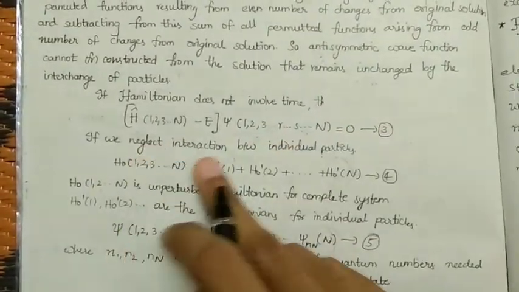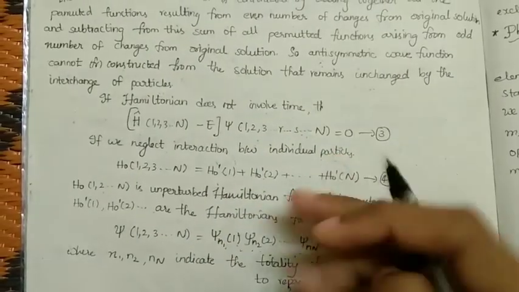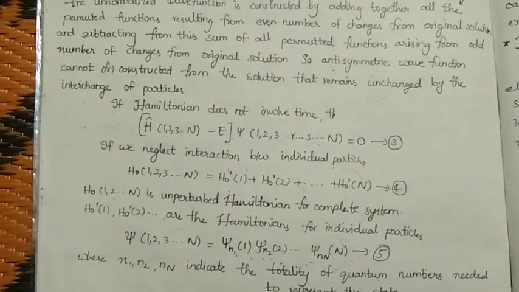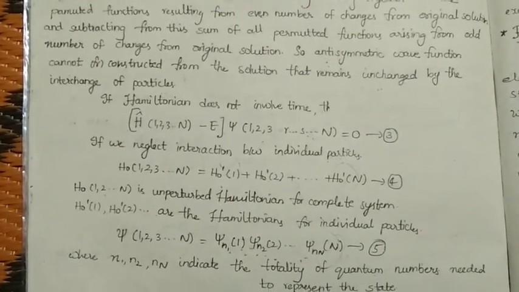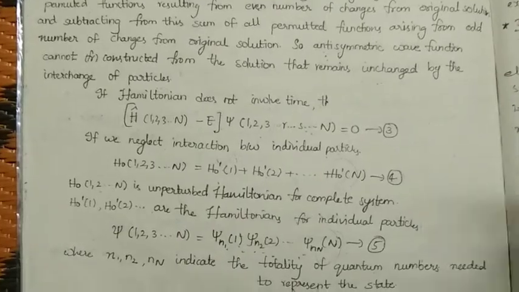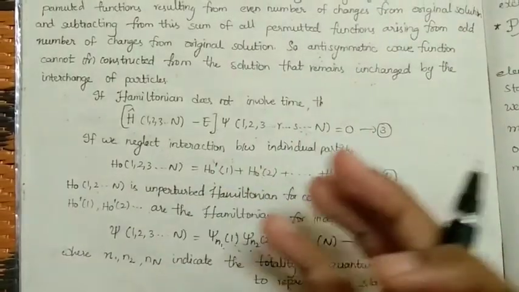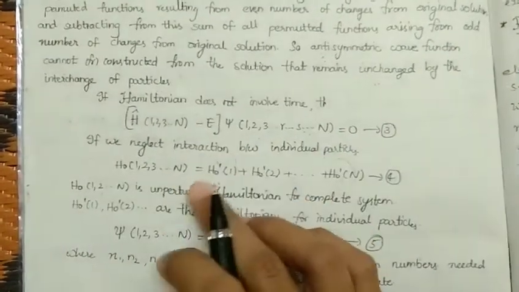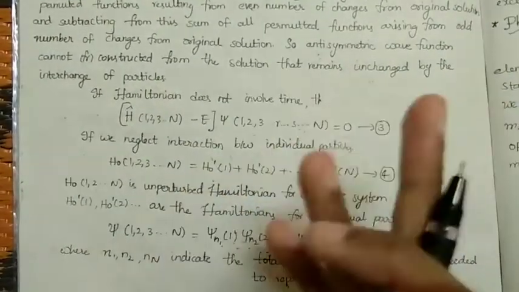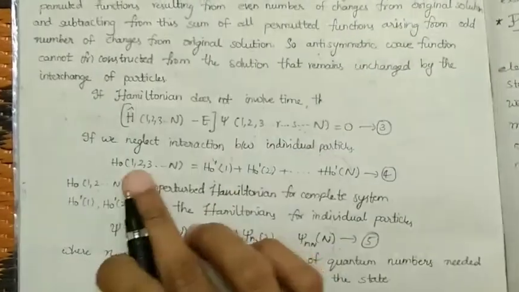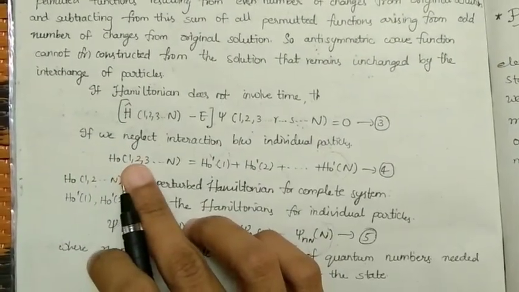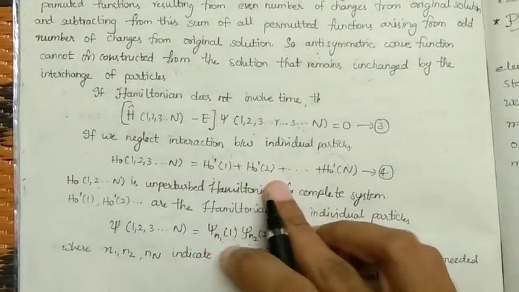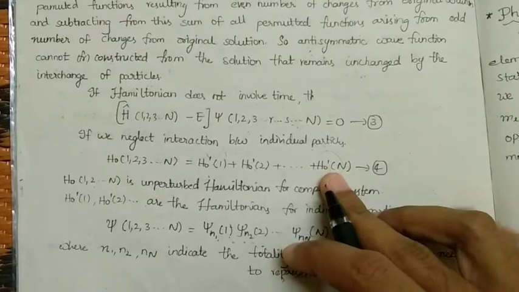If we neglect the interaction between individual particles, same as before, where in the earlier case we also neglected the interaction between those two electrons. Here also, if we neglect the repulsion between these electrons, suppose there are n electrons in an atom, then we would have H naught of 1, 2, 3 and so on up to n equal to H naught dash of 1 plus H naught dash of 2 plus and so on plus H naught dash of n.